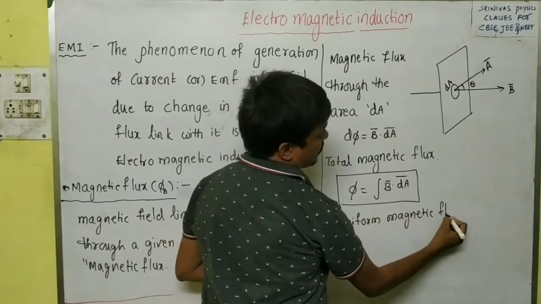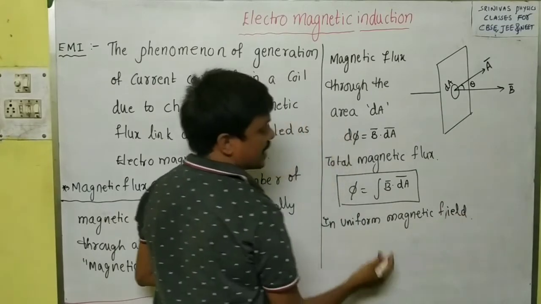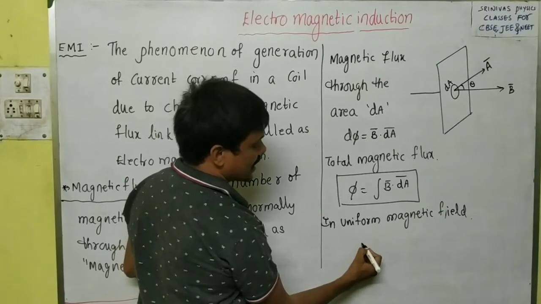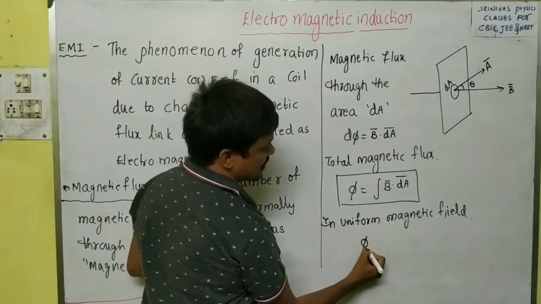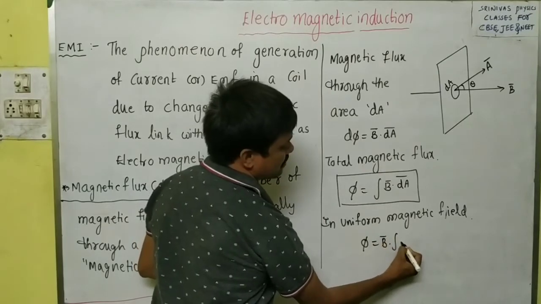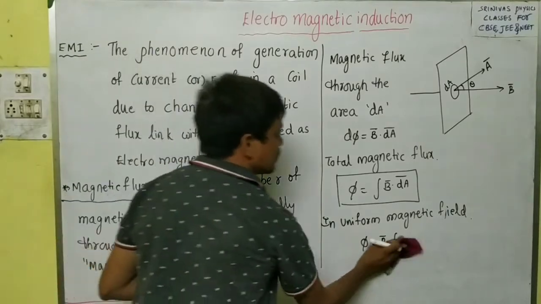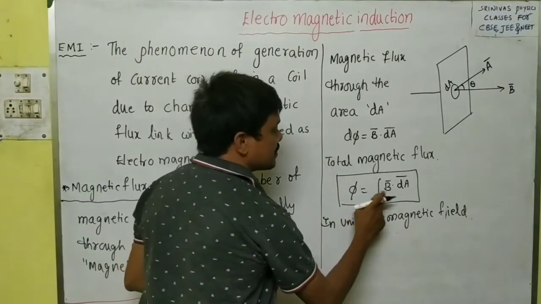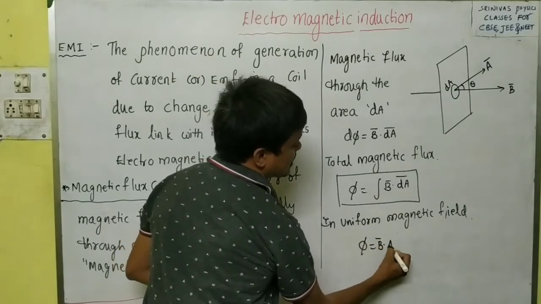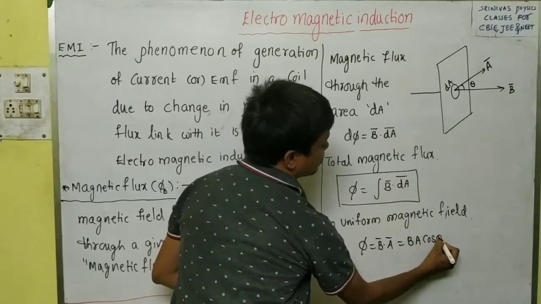B is constant, so we write it outside the integration, and the integral of dA is A. The magnetic flux formula becomes B bar dot A bar, which we can also write as BA cos theta.